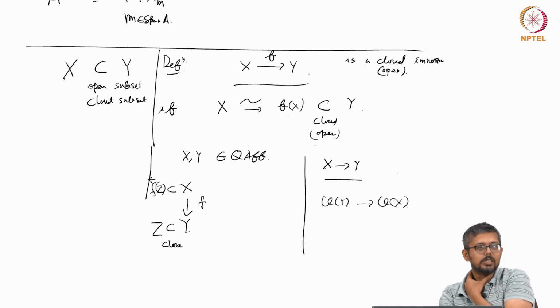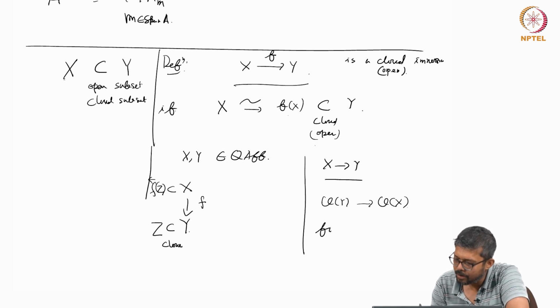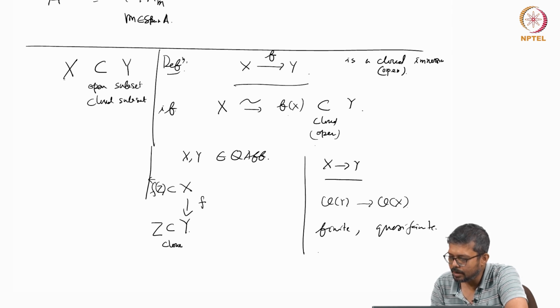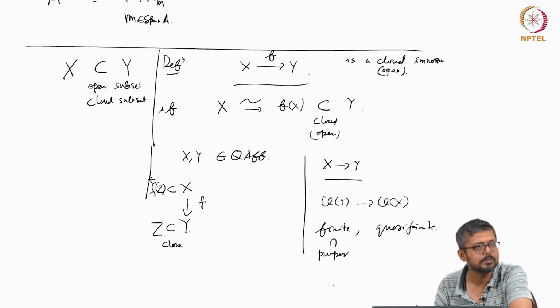And you say it is quasi-finite if the fibers are finite. So finite maps are quasi-finite, but not the opposite. These are called finite and quasi-finite. Then there are something called proper maps. This is a little bit more general. Finite maps are proper maps. It will send closed sets to closed sets.